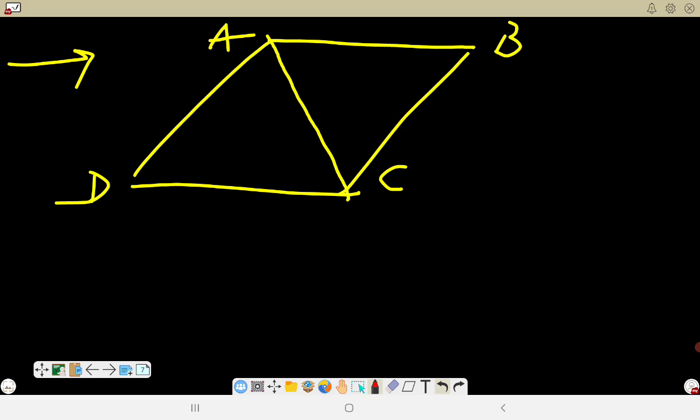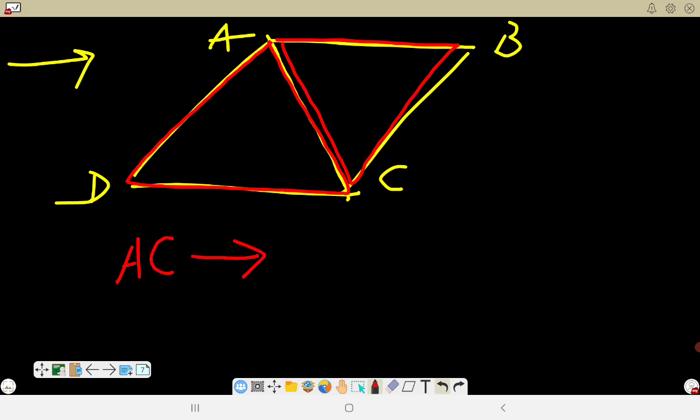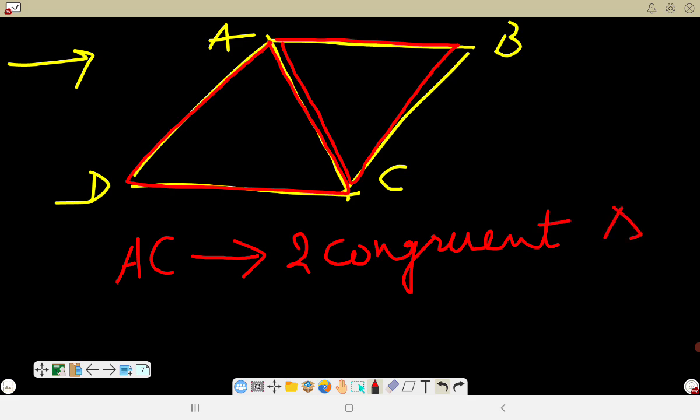AC divides the parallelogram ABCD, and we can see two triangles: one is ADC and the other is ACB. So if diagonal AC is joined, it divides the parallelogram into two congruent triangles.